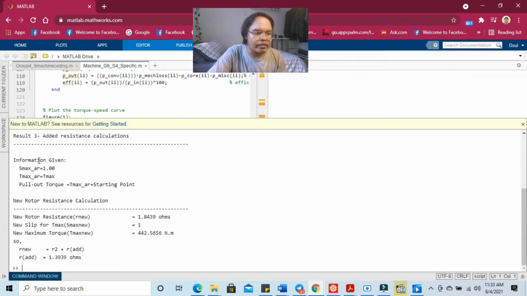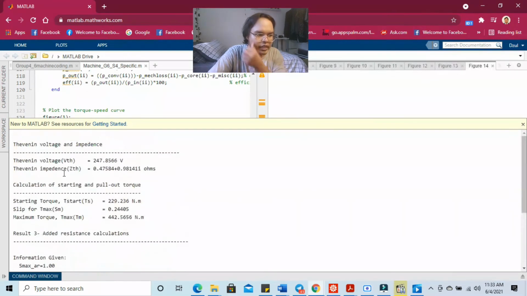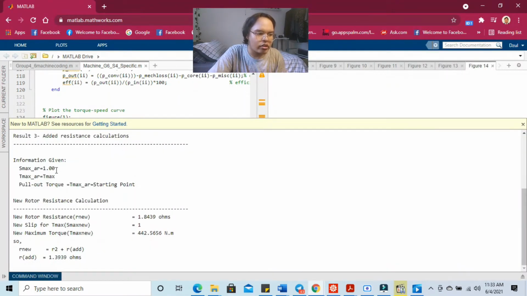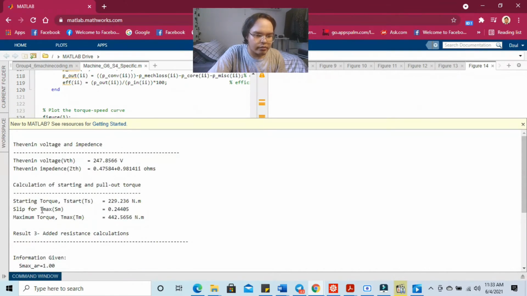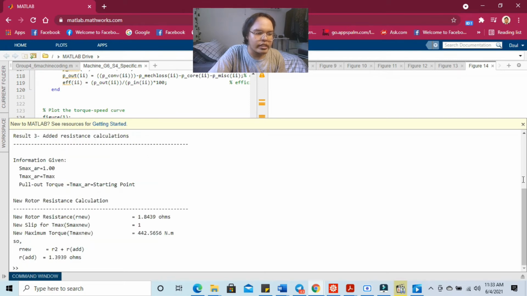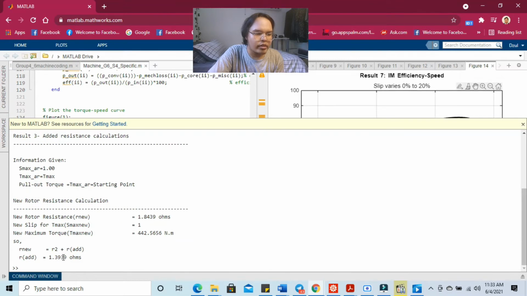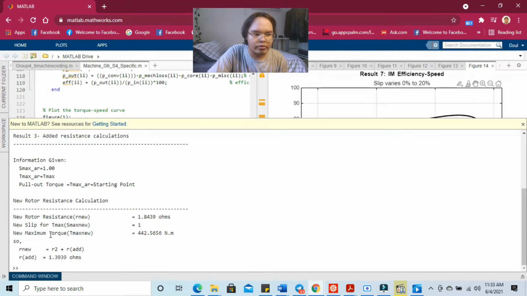The results are the Thevenin voltage, the Thevenin impedance, the starting torque, and the maximum torque or pull out torque, and the third result, which is the additional resistance calculation value. So the additional resistance is 1.3399 ohms, and the R new is 1.8439 ohms.